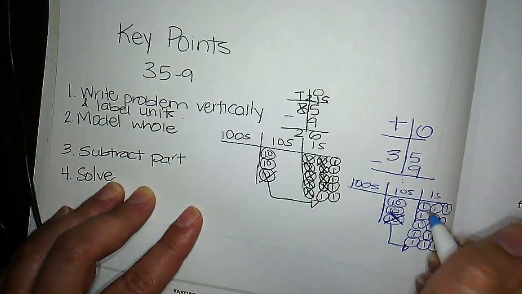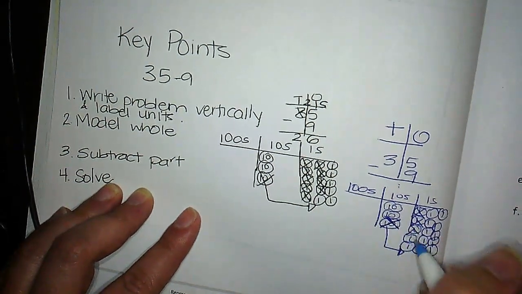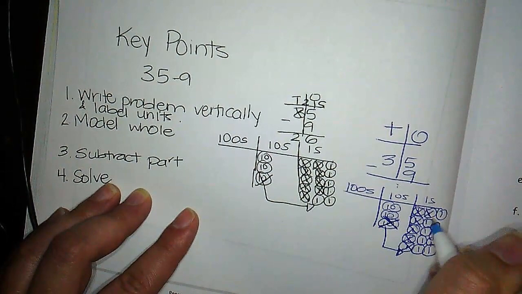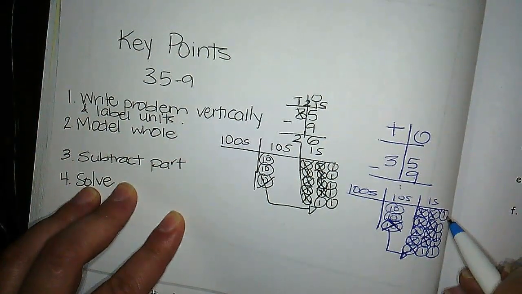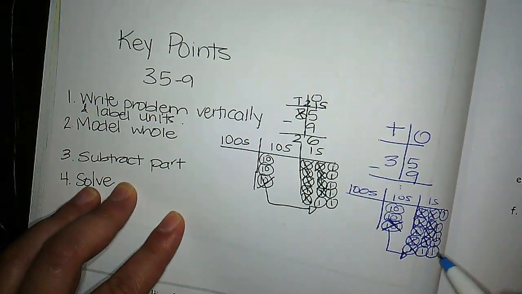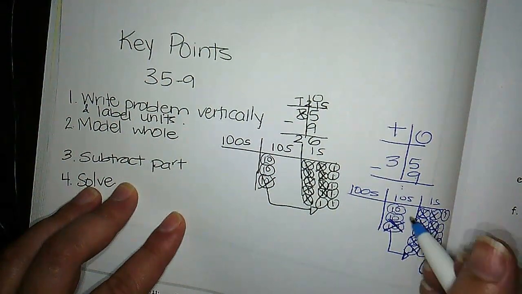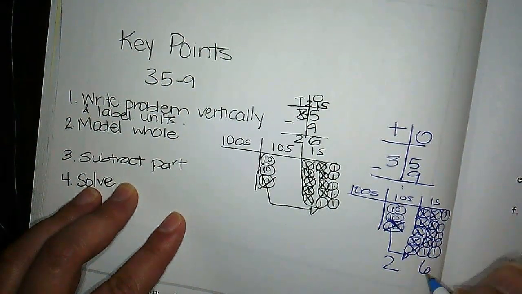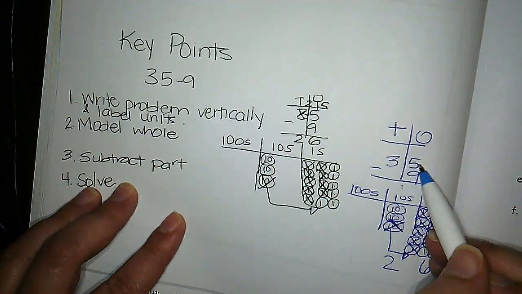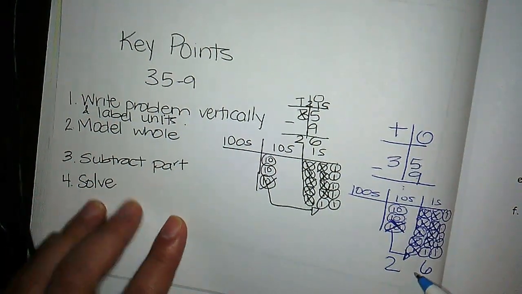Watch. 1, 2, 3, 4, 5, 6, 7, 8, 9. And how many ones do I have left over? 1, 2, 3, 4, 5, 6. I have 6 ones left over. I have 2 tens. So if I start with 35 and I take away 9, I end up with 26.